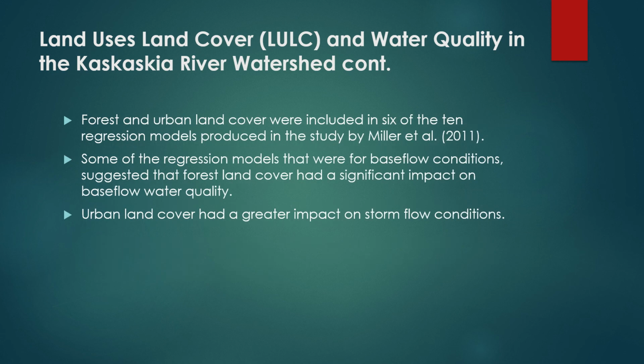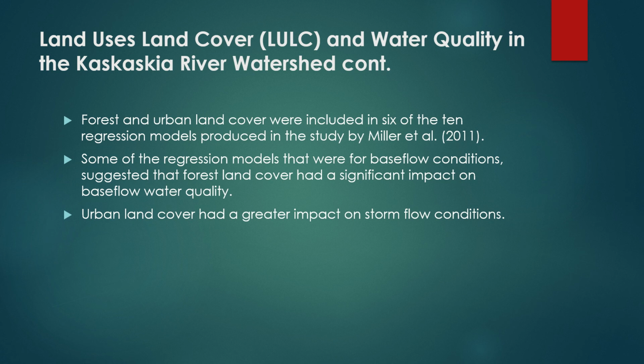And in the same study, forest and urban land cover were included in 6 of the 10 regression models that were produced. And some of the regression models for base flow conditions suggested that forest land cover had a significant impact on base flow water quality.